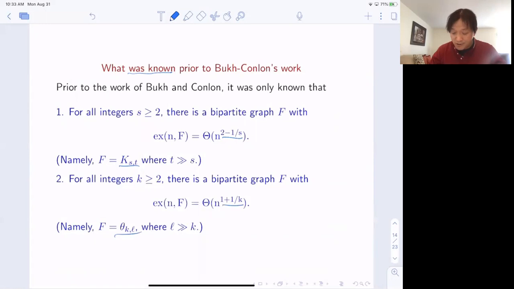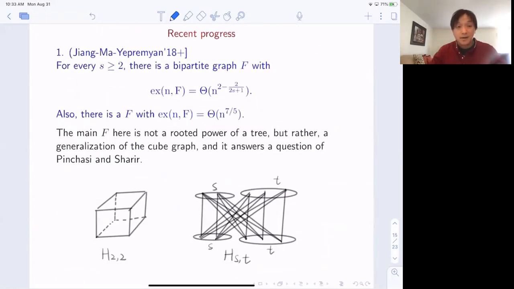Okay, but a lot has changed since then. So let me mention some recent progress for the remaining time. First, two years ago with Jie and Liana, we established a new sequence of exponents, of the form 2 minus 2 over 2s plus 1.